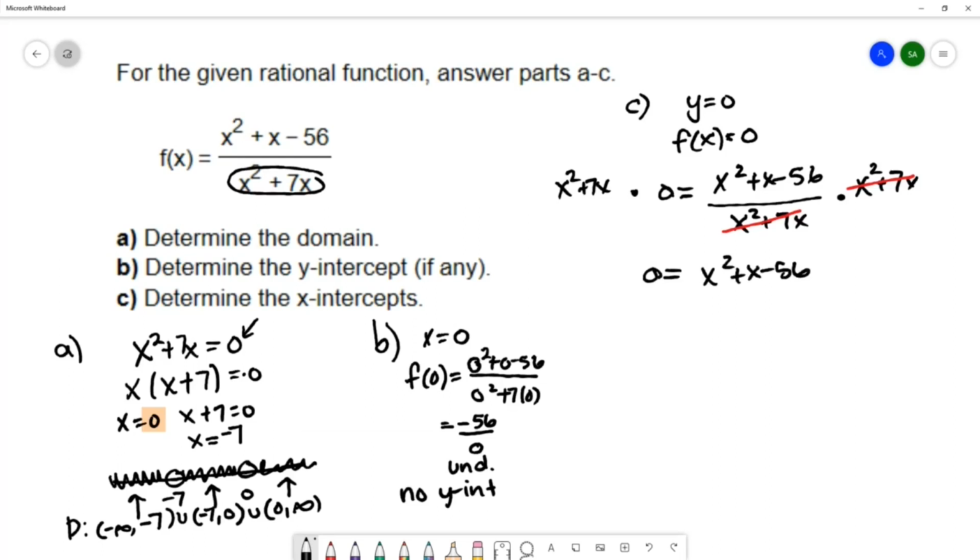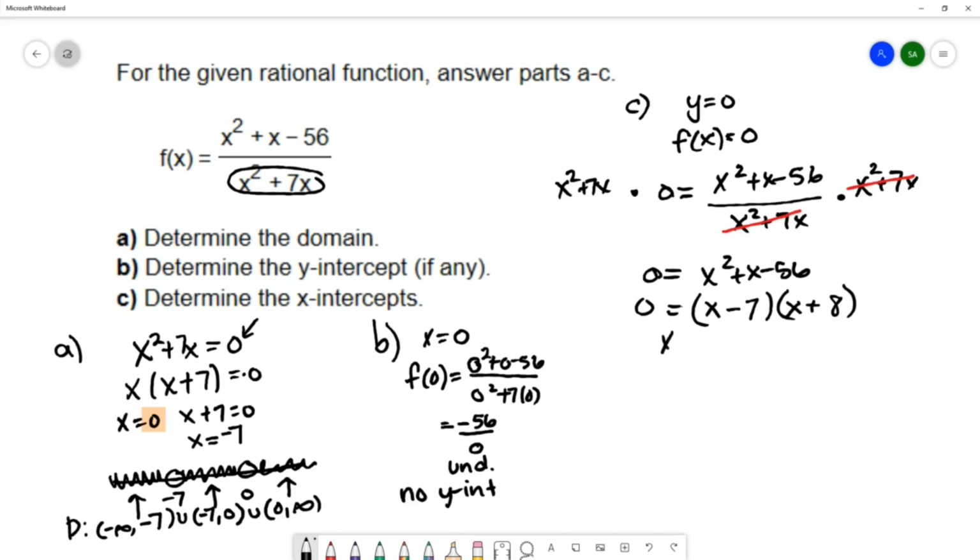So in order to find the x-intercepts, we need to solve this quadratic equation, 0 equals x squared plus x minus 56. I believe I can factor this quadratic, but if you can't factor it, you can always fall back on the quadratic formula. So x times x is x squared, and for 56, 7 times 8 is 56. I'm going to use a plus on the 8 and a minus on the 7.